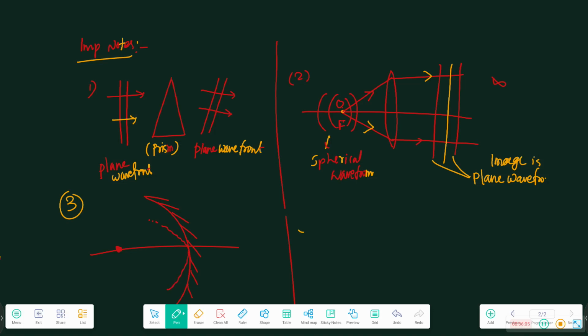Concave mirror: if I keep an object here, a parallel light ray coming hits here and goes like this, another parallel ray hits and goes like this. This is the focus. So whatever wavefront I am getting here is a spherical wavefront. The radius is f, f equal to R by 2, where R is the radius of the mirror.